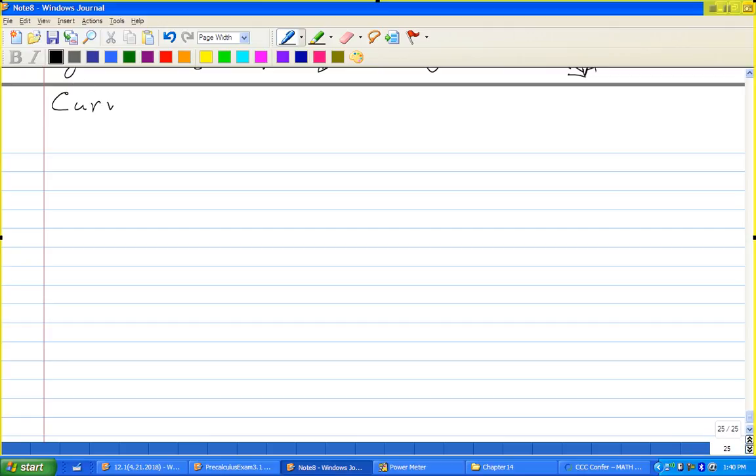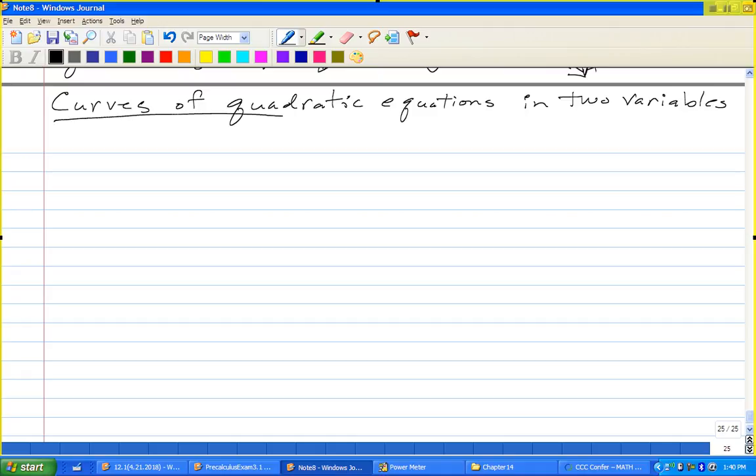So the curves of quadratic equations in 2 variables. I want to see what the sketch of the graph of a quadratic equation in 2 variables will look like.